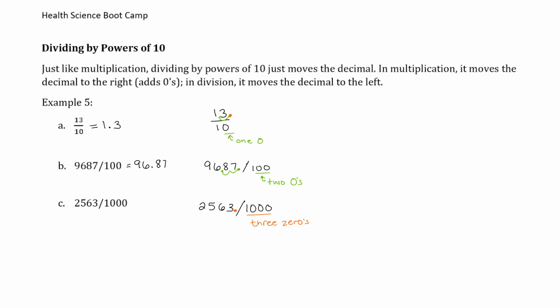So I'm going to have to take this decimal and move it back 3 spaces. So that would give me 2.563. Now this one did not say to round, and it wasn't a crazy long decimal, so we would just leave it just like this.